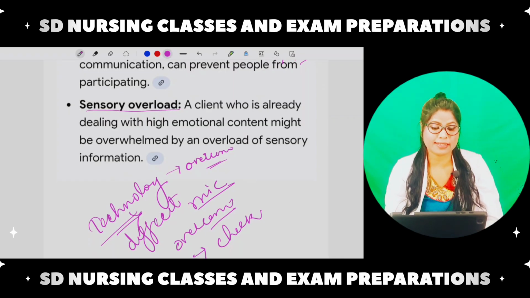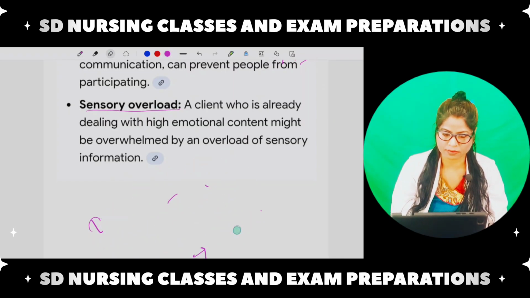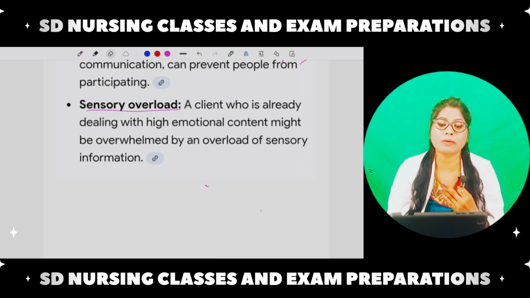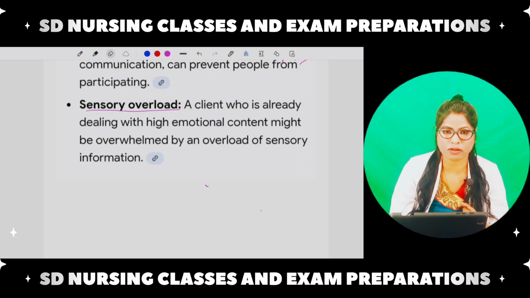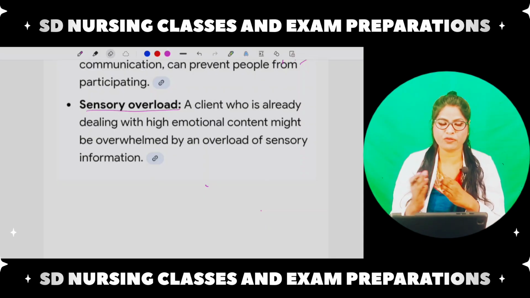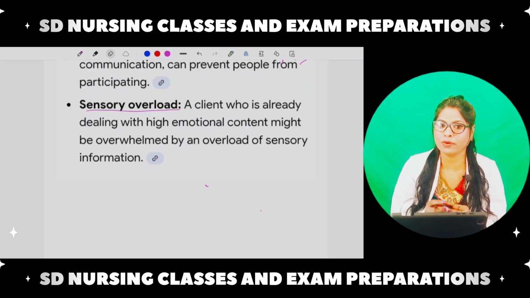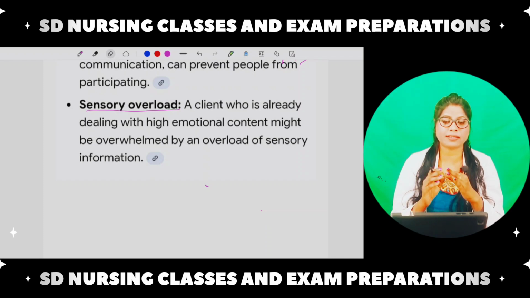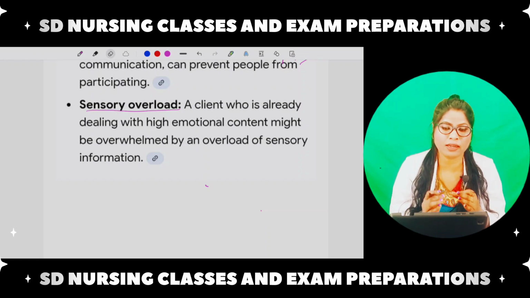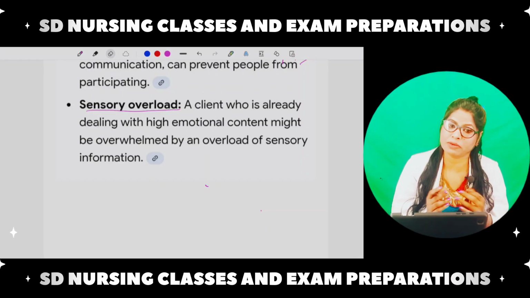And third is sensory overload. Sensory overload means what? It means you want to communicate with a patient who is already over-emotional. For example, a few days before, a wife lost her husband, and she is in a totally emotional, over-emotional stage, and at that time you go and ask her about the patient's husband who also died.